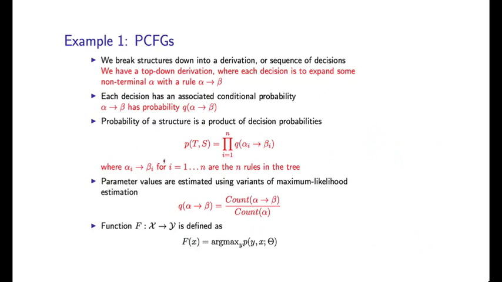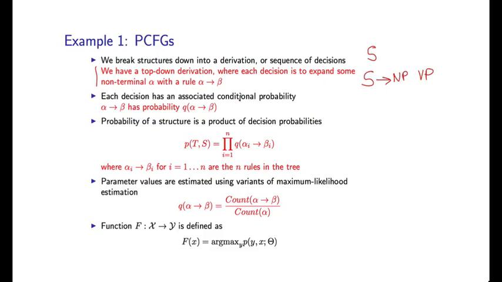Just briefly, here's a first example of this with PCFGs. What is the sequence of decisions in a PCFG? We talked a lot about leftmost derivations, or top-down derivations. At each point in a derivation, we have some non-terminal, for example S, and our decision is to expand that with some rule, for example S goes to NP VP.